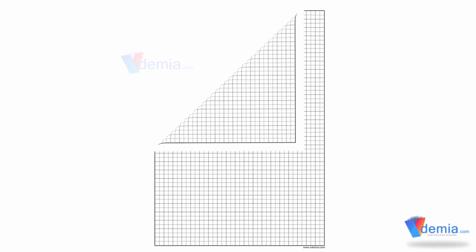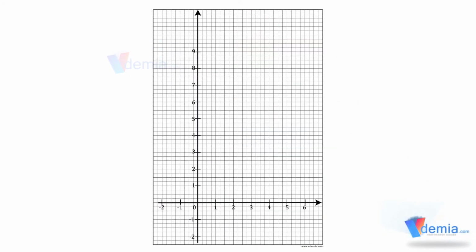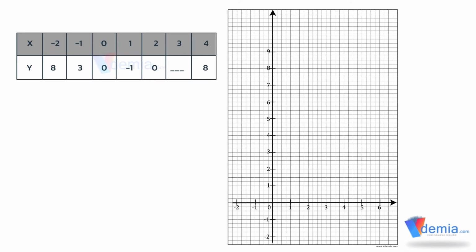Let's take a graph paper, draw the axes x and y and mark them. Now let's mark the coordinates. We have the coordinate minus 2 and 8. Here minus 2 is the x-axis value and 8 is for the y. Let's mark the point corresponding to minus 2 on the x-axis and 8 on the y-axis. So this is the point.